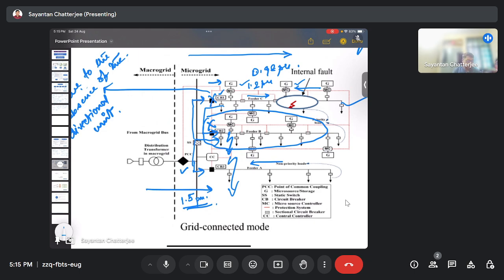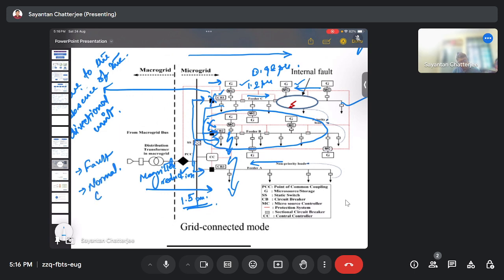Now with this breaker being set at a particular value, there has to be some problem. That's the case where, at the point of common coupling, there is a magnitude reduction. So with this magnitude reduction, previously it would have been considered as a fault if there would have been a fault, because now we have the synchronous based DERs, but now with the magnitude reduction, it will be treated as a normal case.